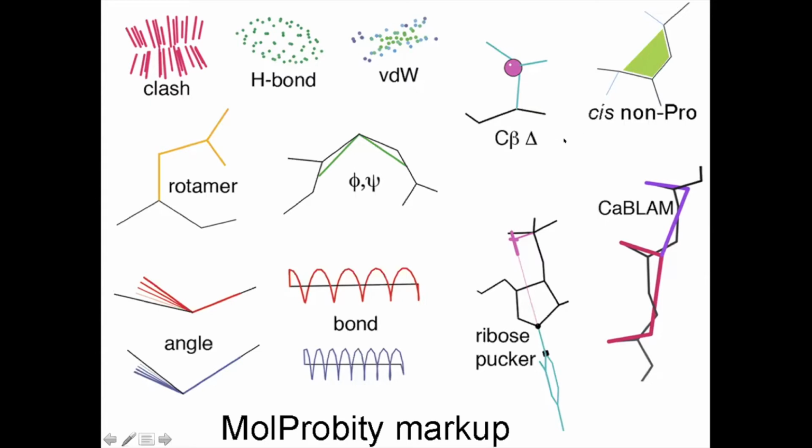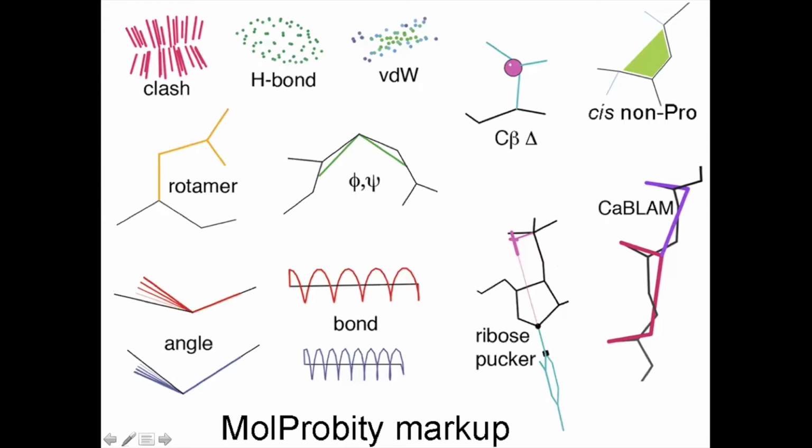Then we'll say a little bit later about cis-non-prolines, which are extremely rare, and they're flagged by these sort of webs that enclose the backbone between the two C alphas. And we'll briefly mention ribose puckers, which can be corrected by a simple algorithm for RNA.